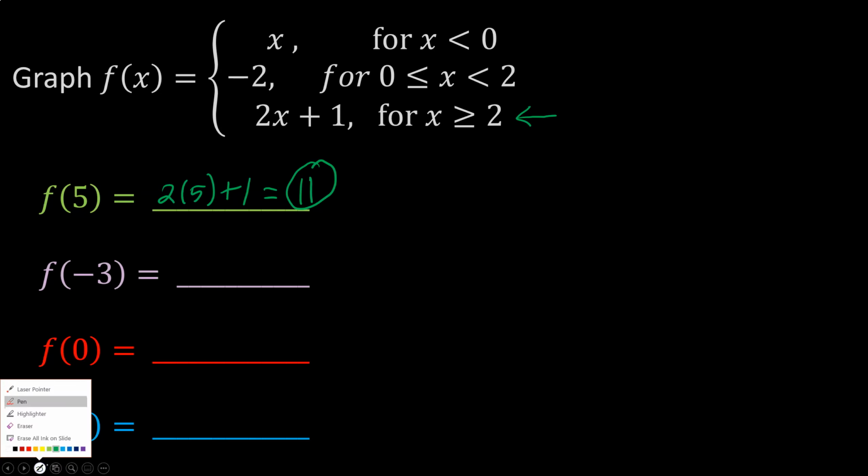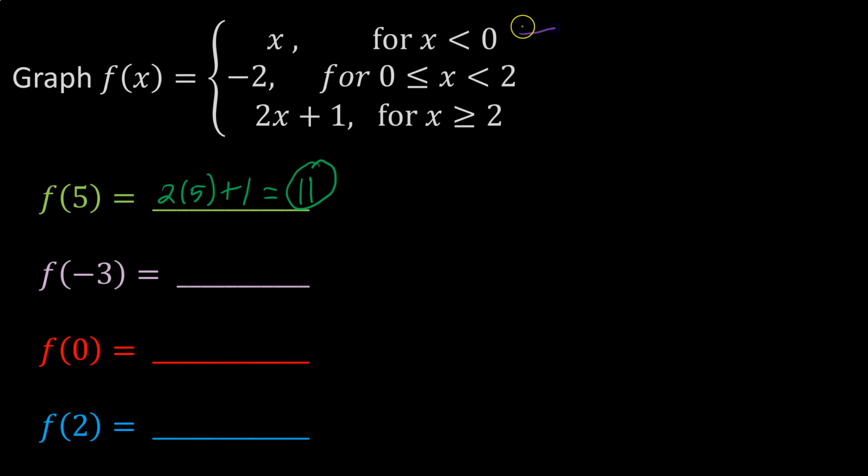Now what about f of -3? Same concept. You would have to see which branch you belong to. So when x is -3, we belong to the first branch, so f of x is equal to x, and x is -3.